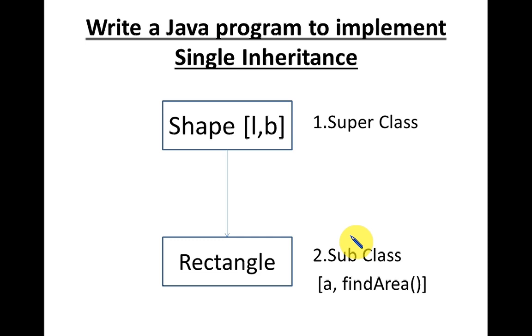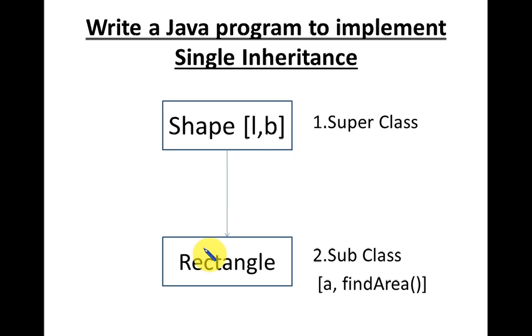Now we are going to write a Java program to implement single inheritance. See here. Shape is a superclass. From this superclass we are inheriting a subclass, namely rectangle. In this shape class there are two variables, namely L and B, that is length and breadth.